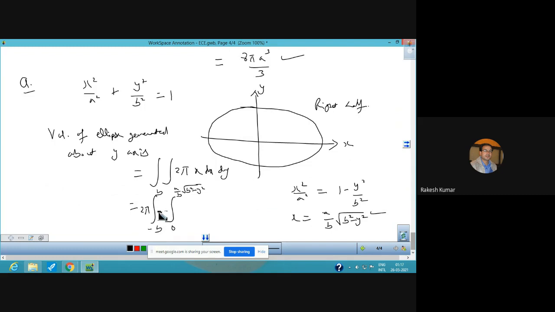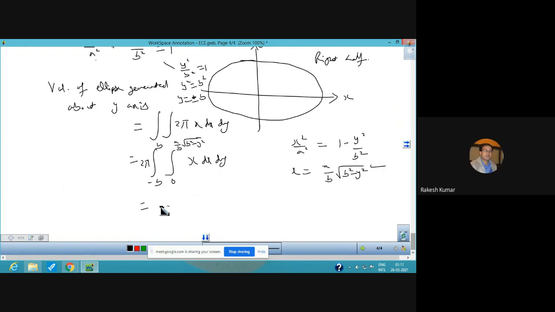Because when we find the limits of y, taking x equal to 0, you will have y square over b square is equal to 1, and y square is equal to b square. So y equal to plus minus b. So these are the limits, x dx dy. Now you can integrate it, and you will have 2 pi, minus b to b, x square over 2, 0 to a over b root of b square minus y square, dy.